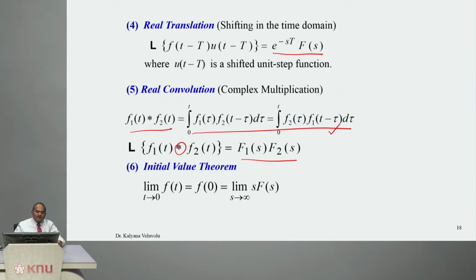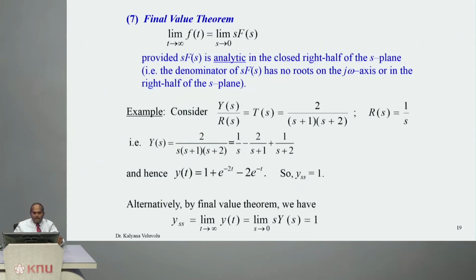Next, the initial value theorem, the last property. What is the function value initially, at t equal to 0? That is called the initial value. The initial value is important because, for systems or functions, the initial energy changes everything about the system. And the final value theorem as well. The final value theorem tells us what happens to the function when t tends to infinity, after a long time.